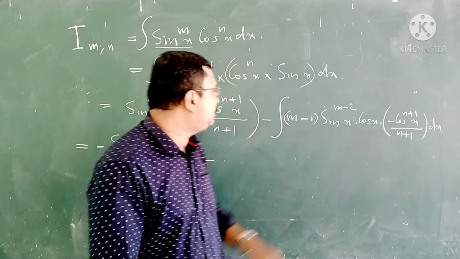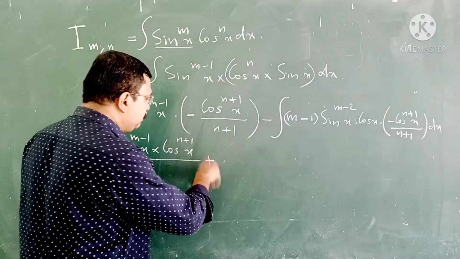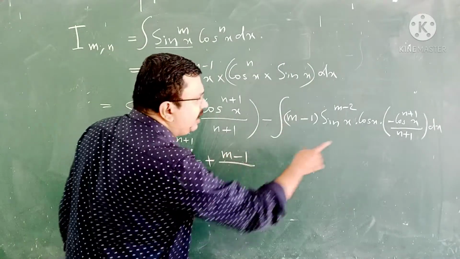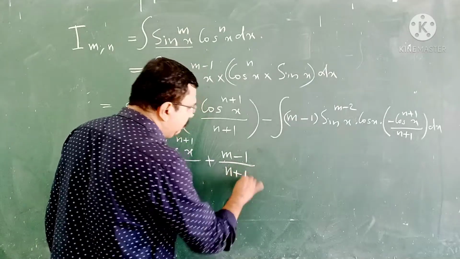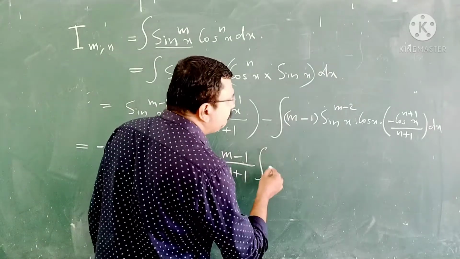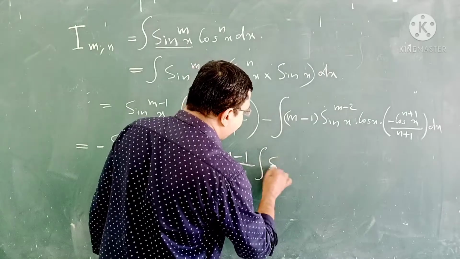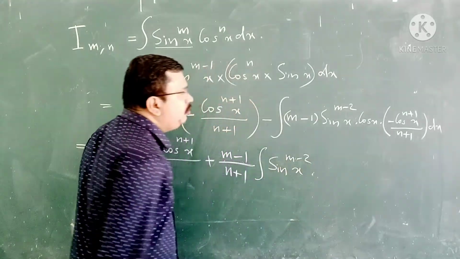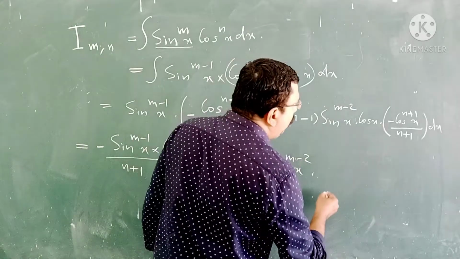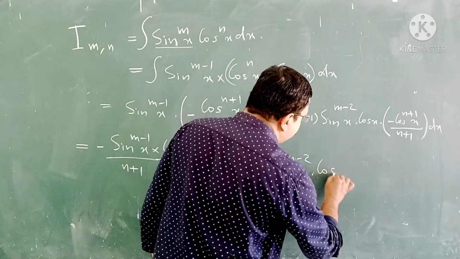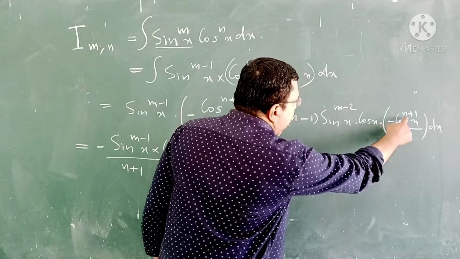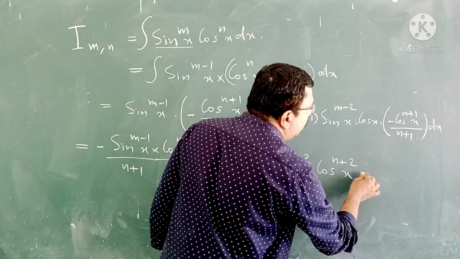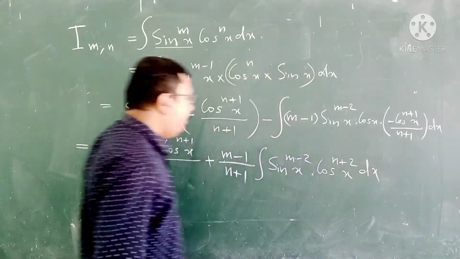Minus into minus will become plus (m-1), which is a constant, divided by n plus 1 into the integral of sin^(m-2) x into cos x into cos^(n+1) x, which is cos^(n+2) x dx.